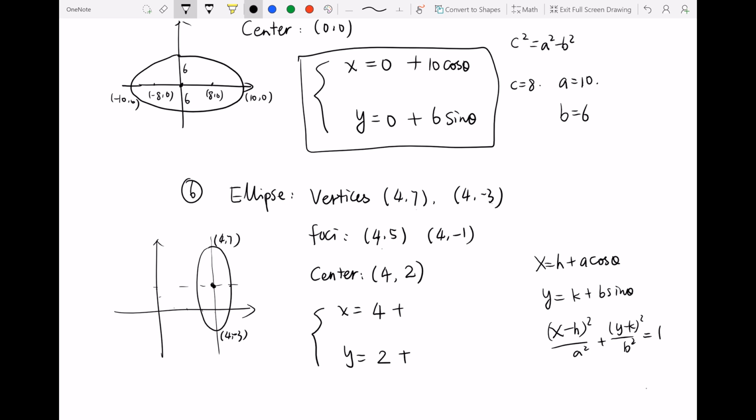If you draw the picture, you can tell me the vertical length, what's the major axis? This is 7, this is negative 3. The total length is 10, so half of it is 5. And it is the y direction, so it's vertical. So it's 5 sine theta this way. Okay. So now can you tell me what is the x direction? What is this?